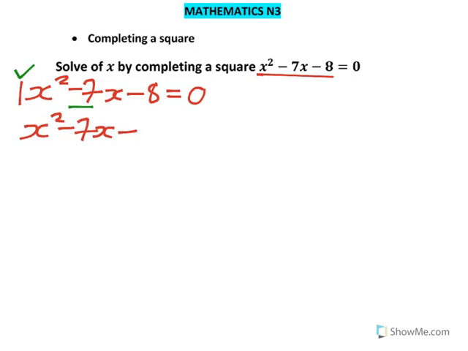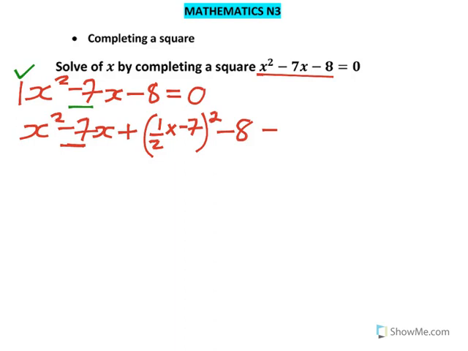And then I say plus half times the coefficient of x, which is times minus 7. I square half the coefficient of x, with its sign. After that I say minus 8. Remember, I added it.